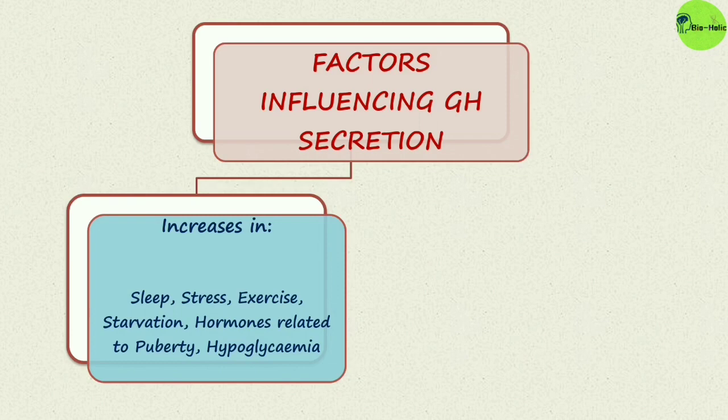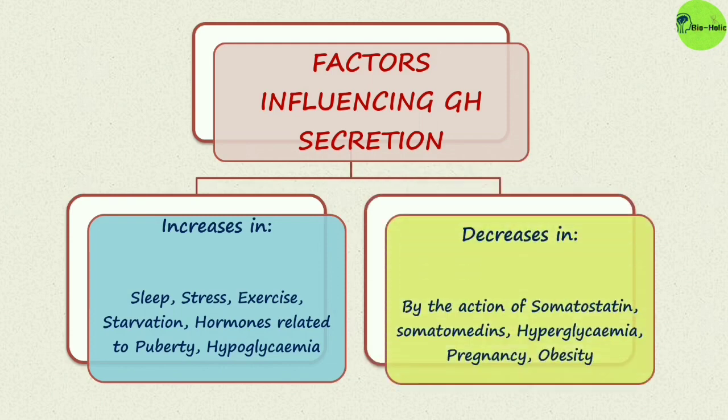Hormones related to puberty also influence growth hormone secretion, and during hypoglycemia, growth hormone secretion is increased. And growth hormone secretion decreases in the following conditions, that is by the action of somatostatin, somatomedins, during hyperglycemia, during pregnancy, and also in obesity.